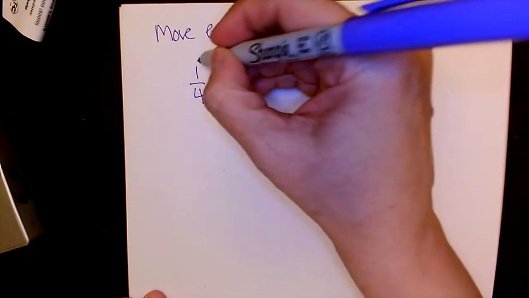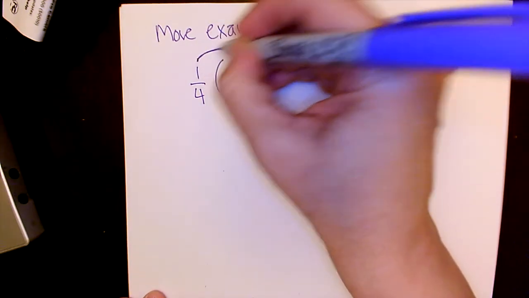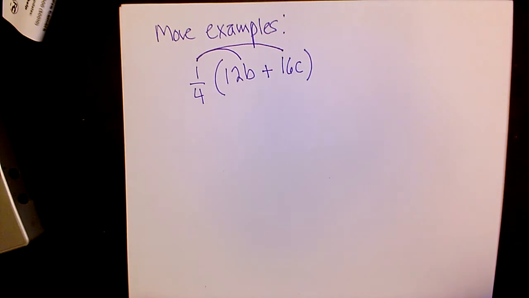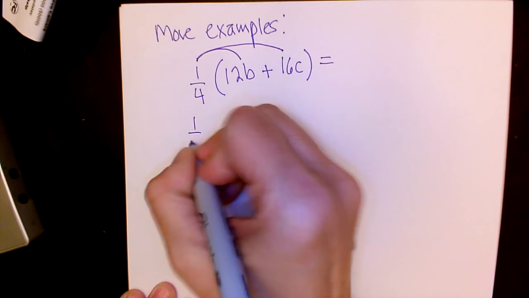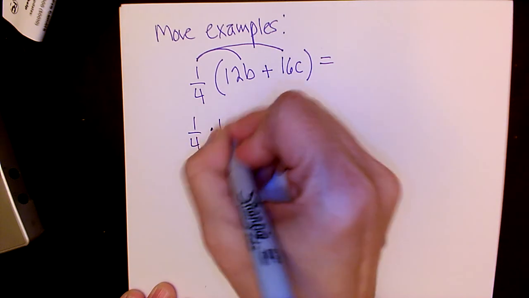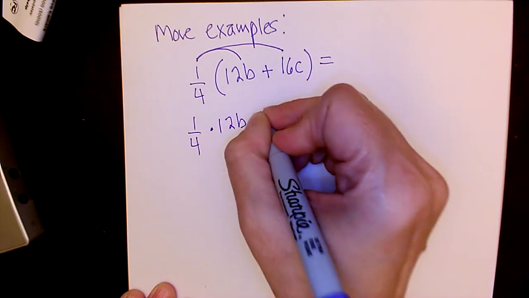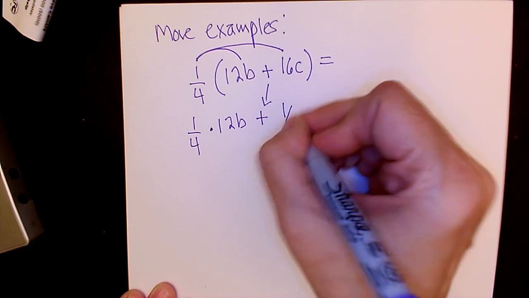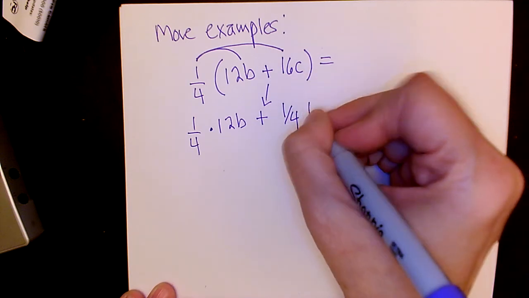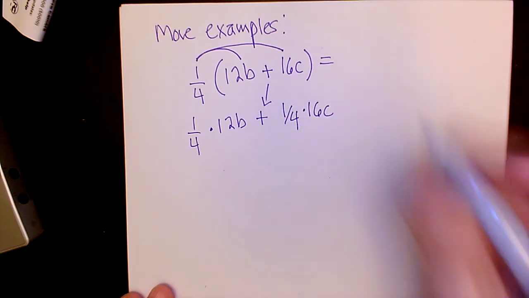Okay, again, I'm going to take this number that's on the outside, or fraction, it's 1/4, and I'm going to multiply it times 12b, bring down the plus, and then I'm going to multiply it times 16c.